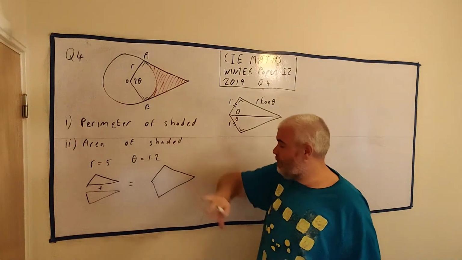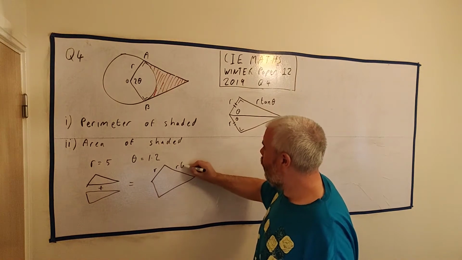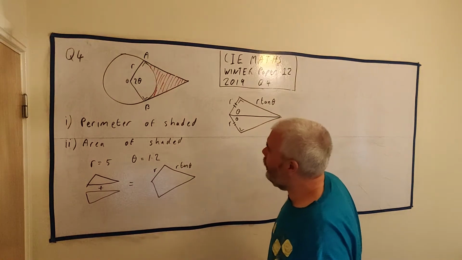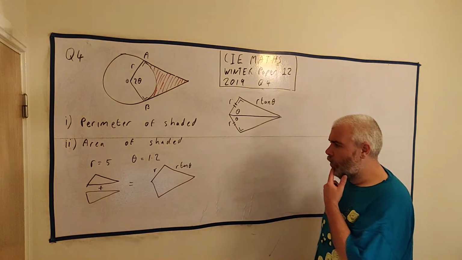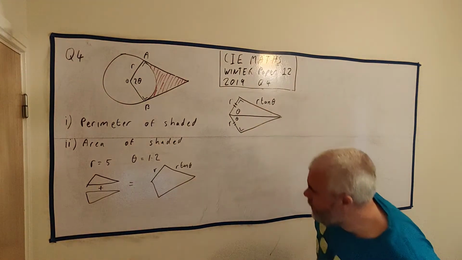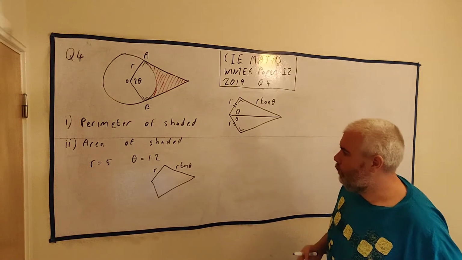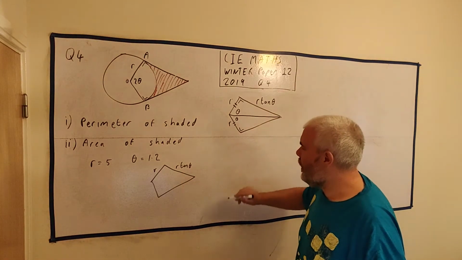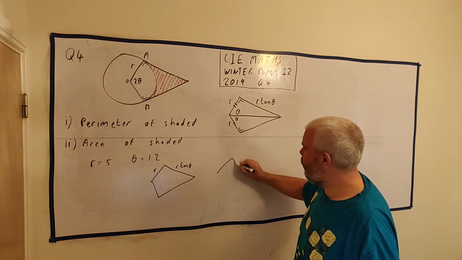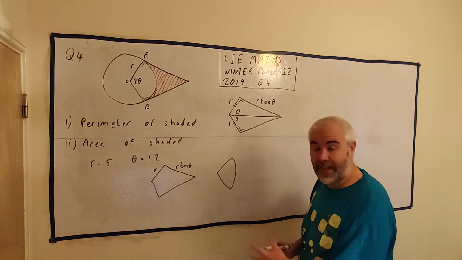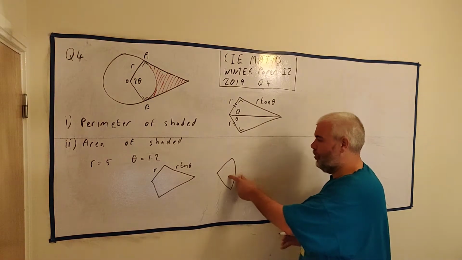So we can get that shape here. This is the r tan theta shape I'm looking at. We can then also, well, let me rub this out. I don't like having more than one equals here. We can get this shape. We also have a formula for this shape here, a segment of a circle.